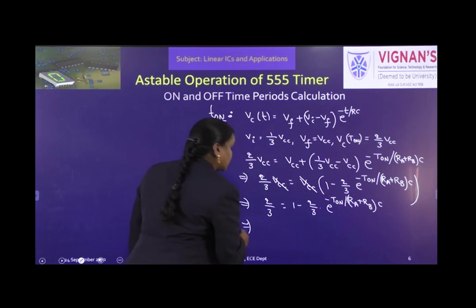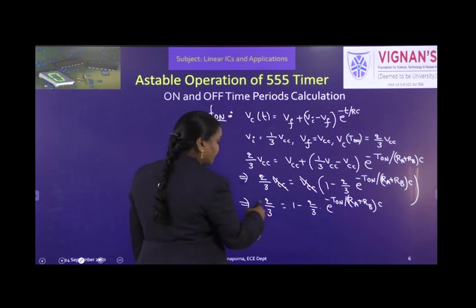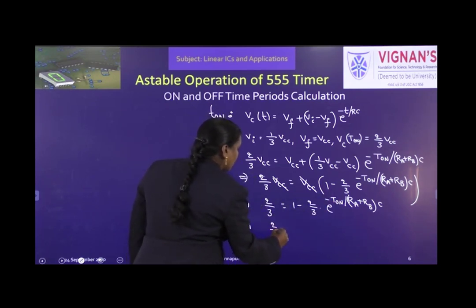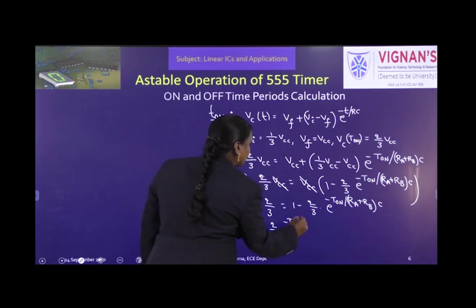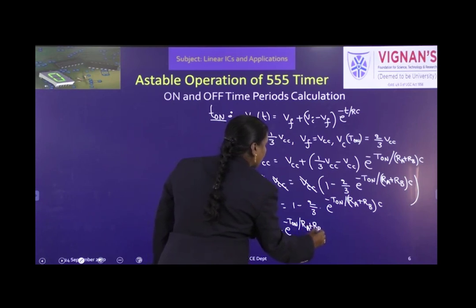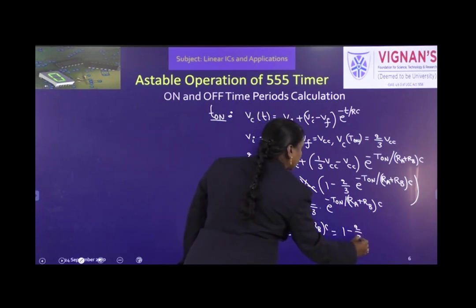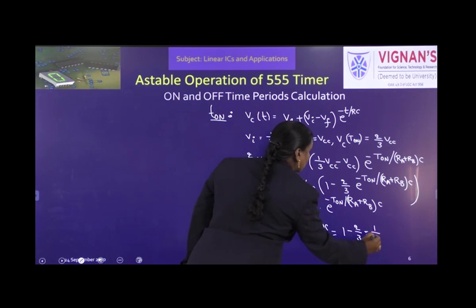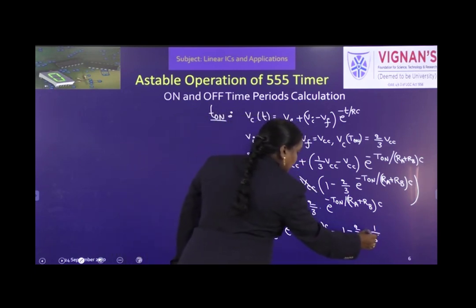So from this, 2/3 I am taking to the right hand side and second term I am taking to left hand side. Then 2/3 into e power minus T on by RA plus RB into C is equal to 1 minus 2/3. So what is 1 minus 2/3? It is 1/3. And this 3 gets cancelled.